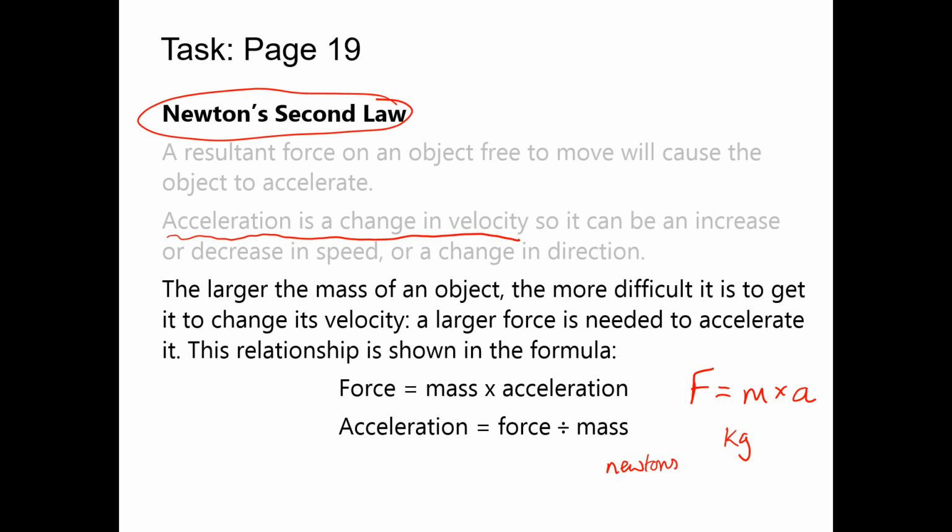And the acceleration, just like speed, will be measured in meters per second, but we're changing the speed. We measure this in meters per second per second. The change in speed per second. Sometimes then we summarize that as meters per second squared.